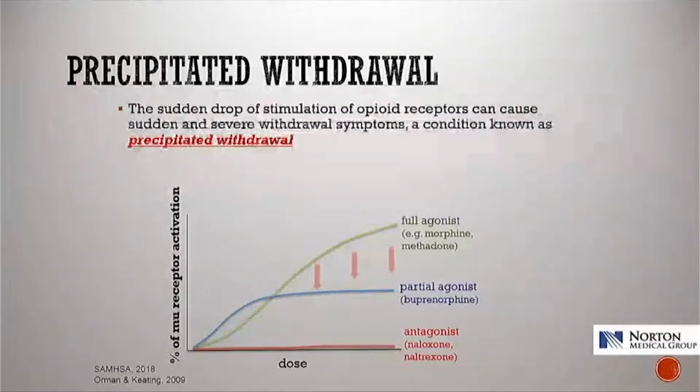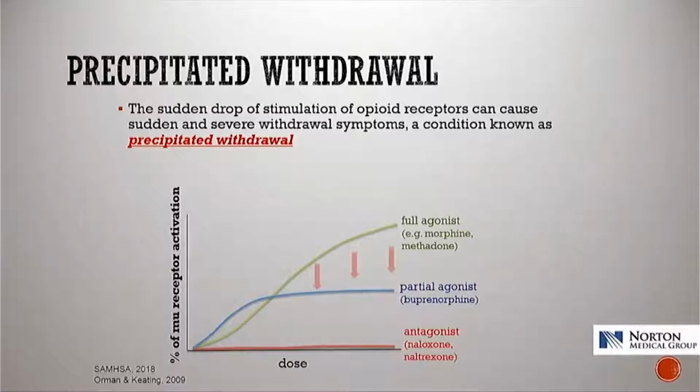I want to talk a little bit more about precipitated withdrawal. Everybody who's using an opioid has some level of opioid saturation in their brain, related to their opioid receptors, or mu receptors.